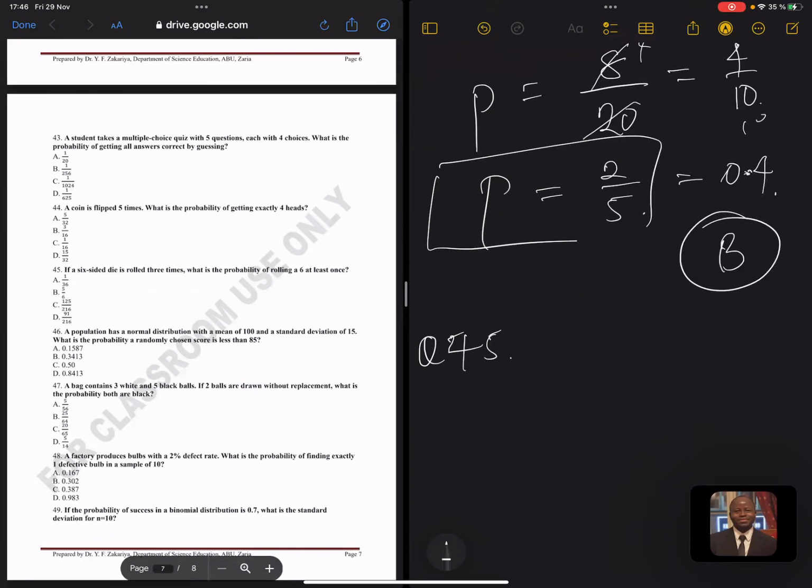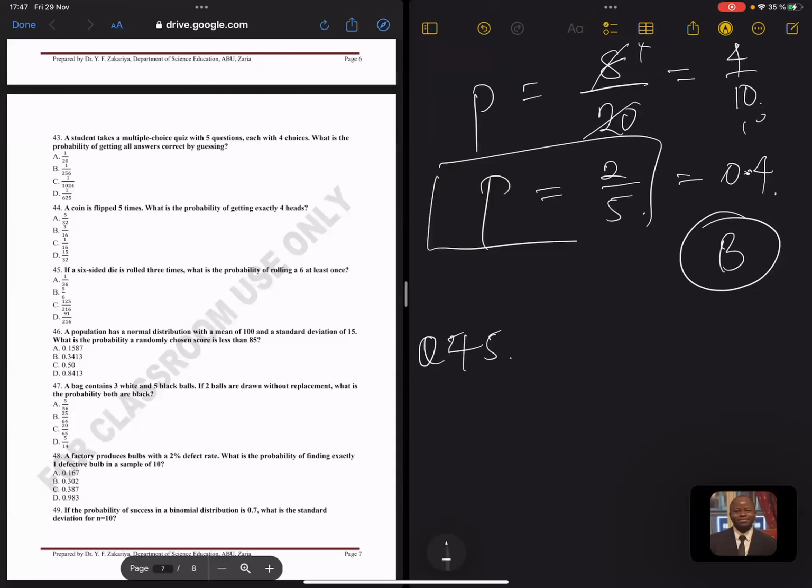I will leave this one for you to do, because it's similar to what we just did before. If it is at least once, then that will be 1 minus the probability of no 6. Are we okay?